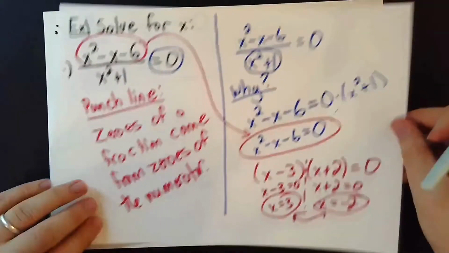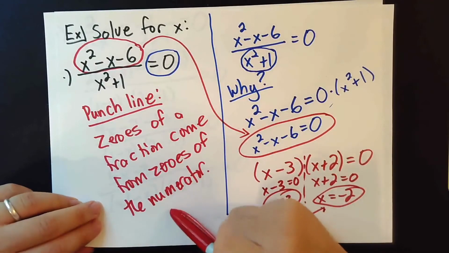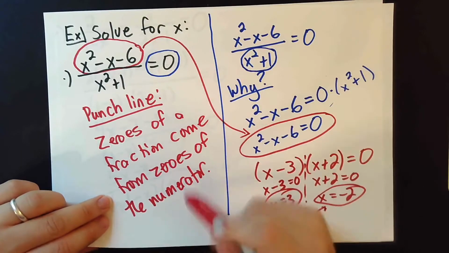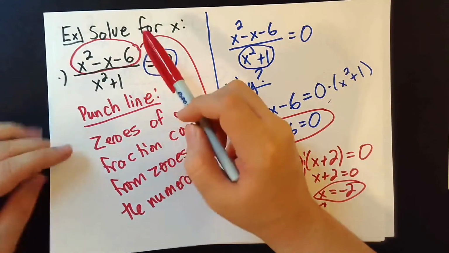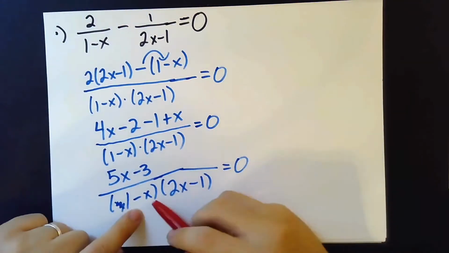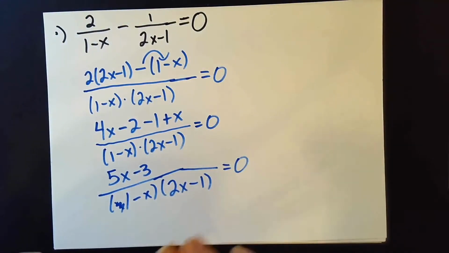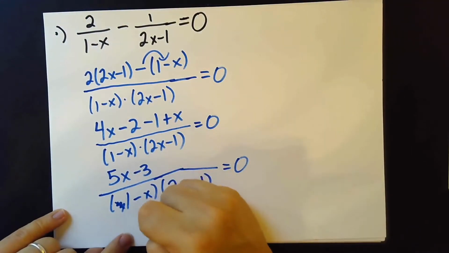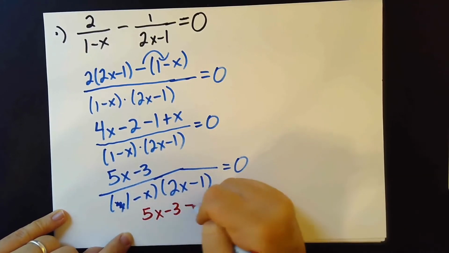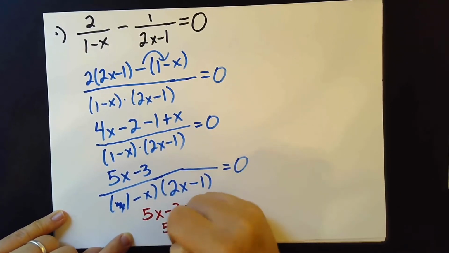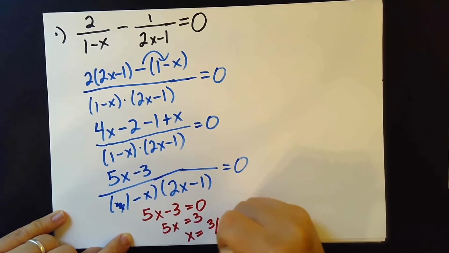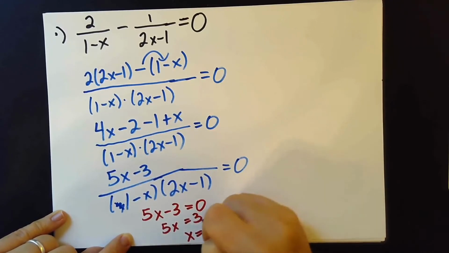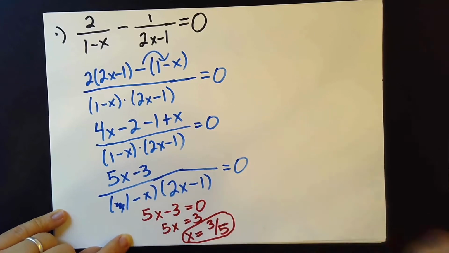And so if I remember my punchline from before, if I'm looking for where a fraction is 0, I want to look for where the numerator is 0. So I completely ignore the denominator, and I just say 5x minus 3 equals 0. So 5x is 3, so x is 3/5. And that is my solution.